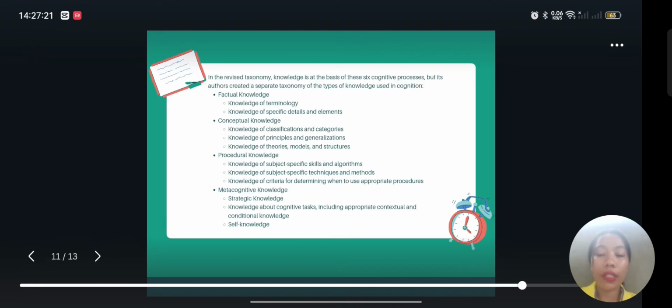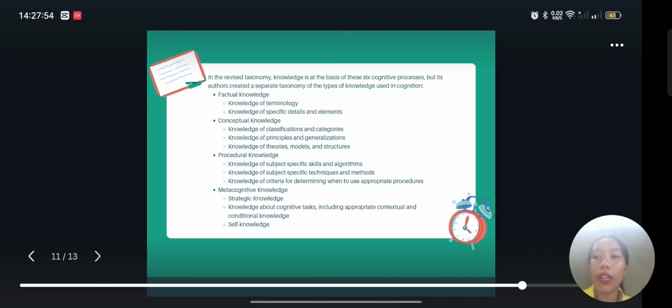In the revised taxonomy, knowledge is at the basis of these 6 cognitive processes, but its authors created a separate taxonomy of the types of knowledge used in cognition. We have factual knowledge: knowledge of terminology, knowledge of specific details and elements. Next, we have conceptual knowledge: knowledge of classifications and categories, knowledge of principles and generalizations, knowledge of theories, models, and structures.